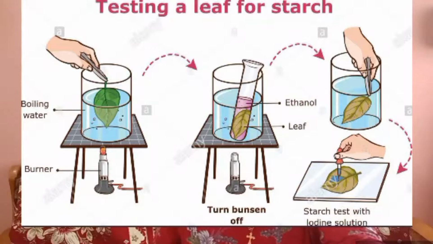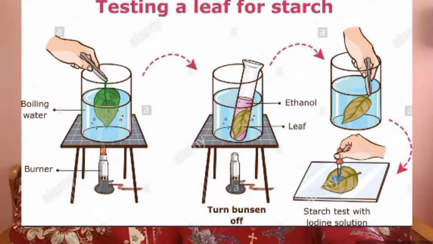Then, the second step, take the softened leaf in a test tube and pour some alcohol into it. Put the test tube in the beaker containing water and let it heat on the flame for 2 to 3 minutes. Boiling in alcohol removes the chlorophyll from the leaf. So we add alcohol to remove chlorophyll.